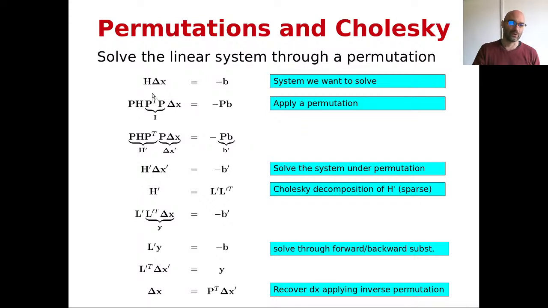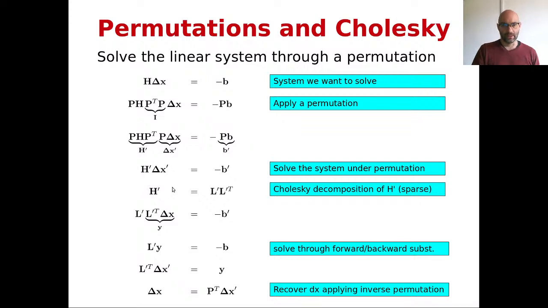Then we could introduce in the middle an identity that can be factored in the permutation times its transpose, which is its inverse, in fact. Then we could end up in a new linear system consisting of a coefficient matrix H prime and a coefficient vector delta X prime, which are related to the previous one just by the reordering, and equivalently we do the same for the coefficient vector.